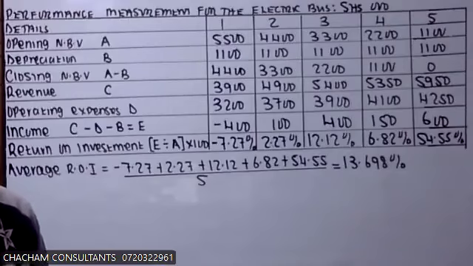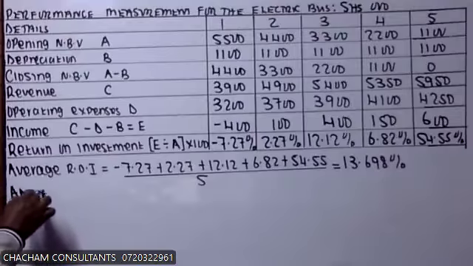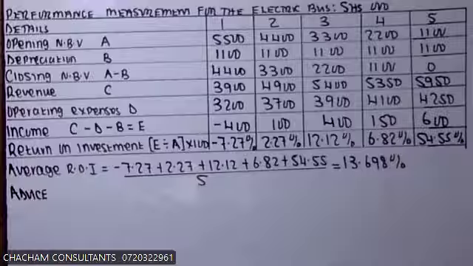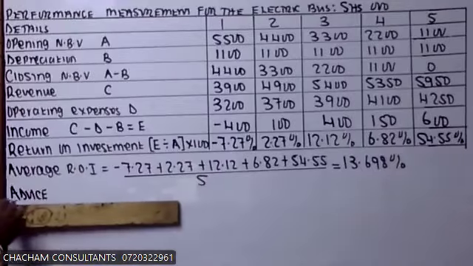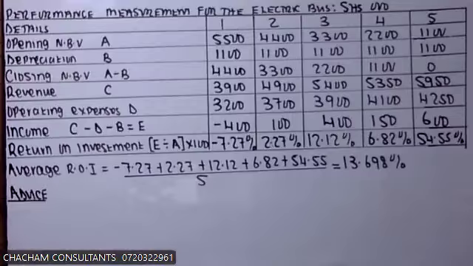Yes. Okay. So now the question is telling us to advise on which model to purchase. Do you advise them to go for electric or the diesel? What do you advise that company to do?